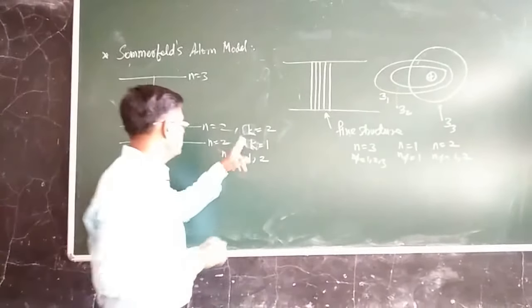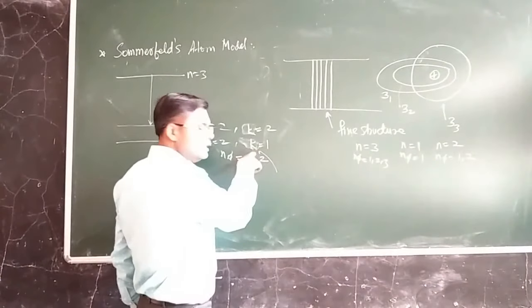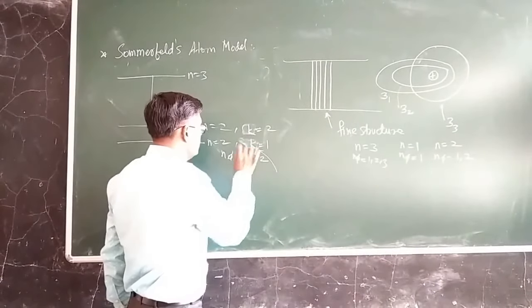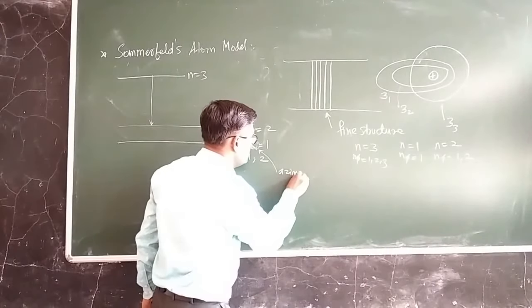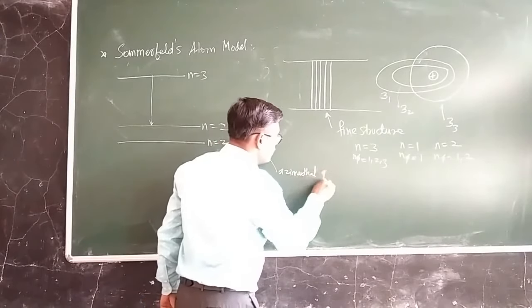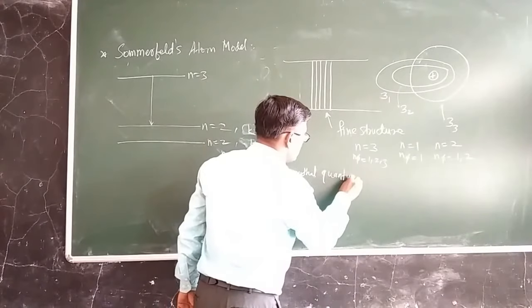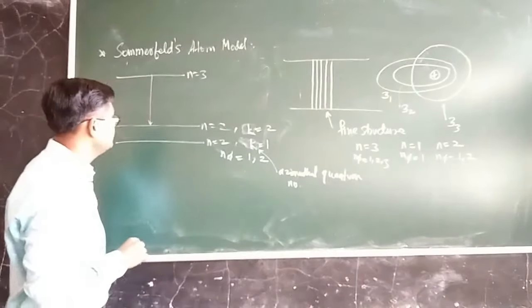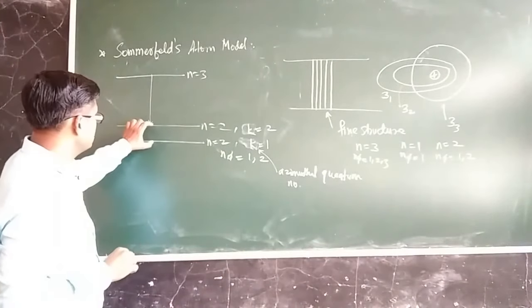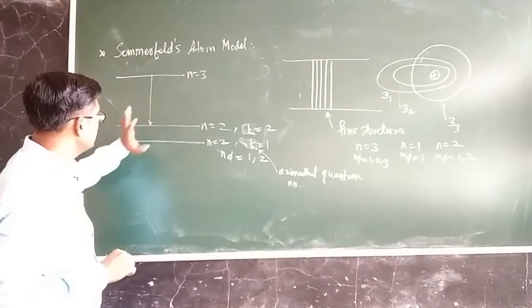So n phi is nothing but small k. What is the name of this small k? Small k is called the azimuthal quantum number. Okay, so these are the 2 energy levels.